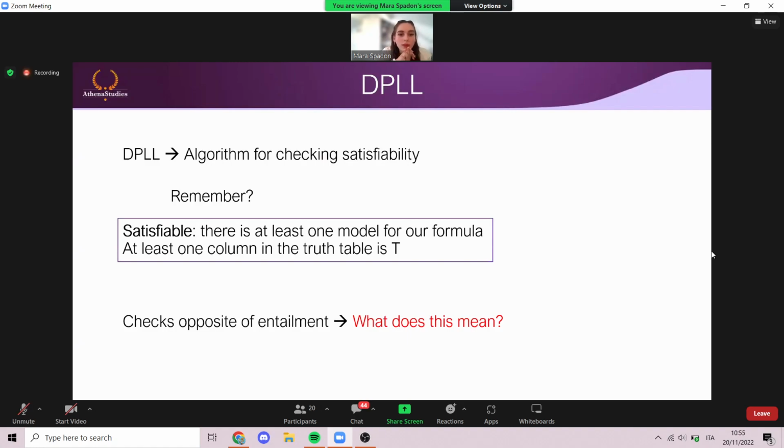So DPLL checks satisfiability, which is the opposite of entailment. So what does this mean? It means that when we are at our final value and we know that it is satisfiable, then we can also say that it is not entailed, because it's the opposite, right?